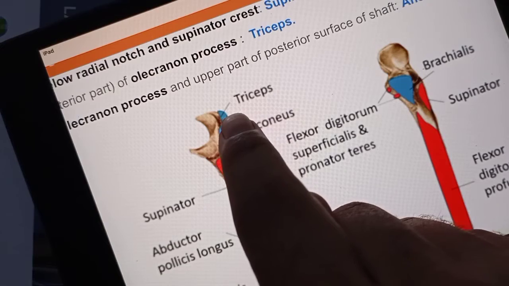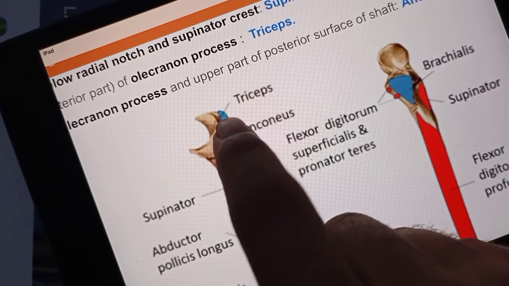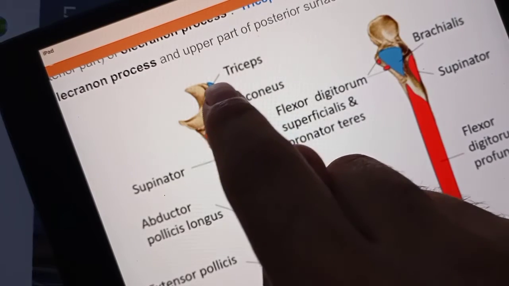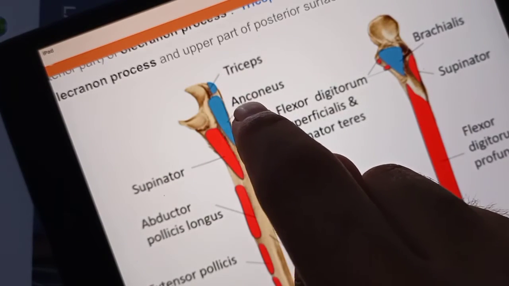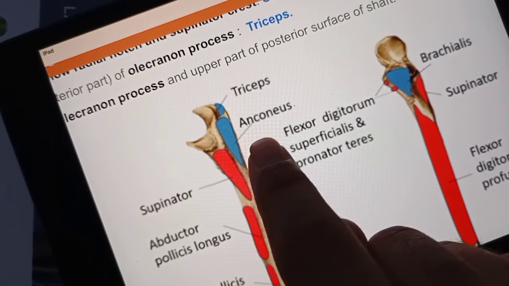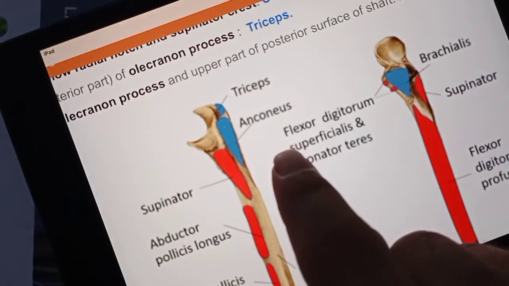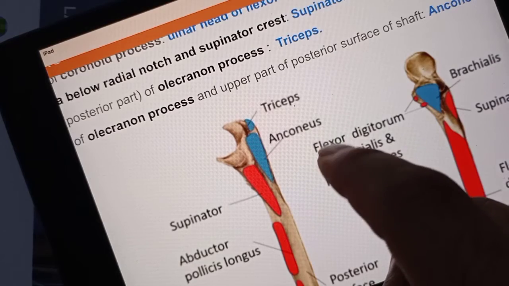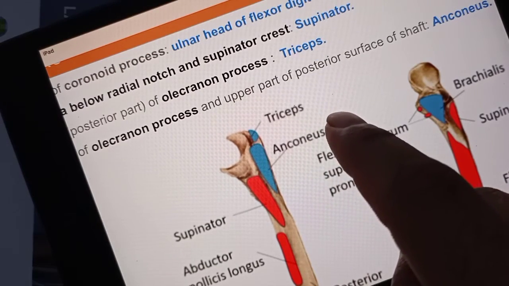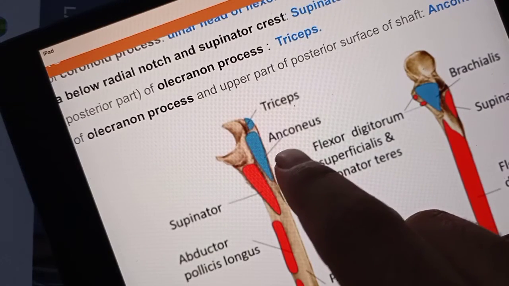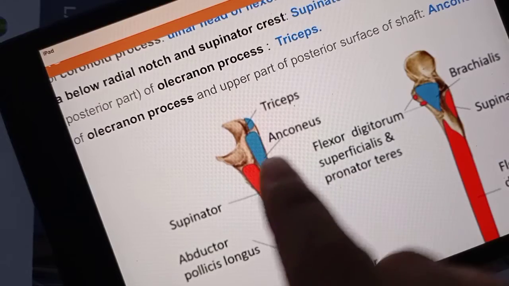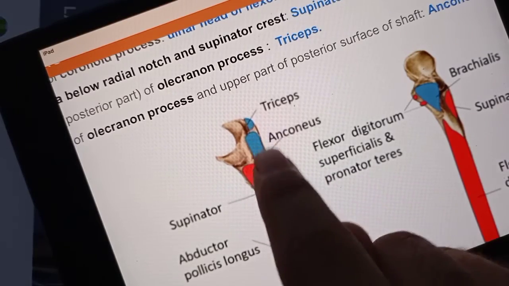Below the olecranon process there is an attachment surface for the anconeus muscle. Anconeus muscle is also considered a part of triceps brachii because of its same function and same blood and nerve supply. So it is just located below the triceps brachii.